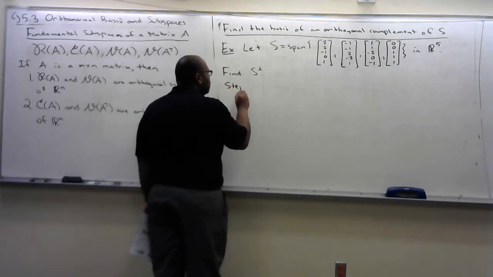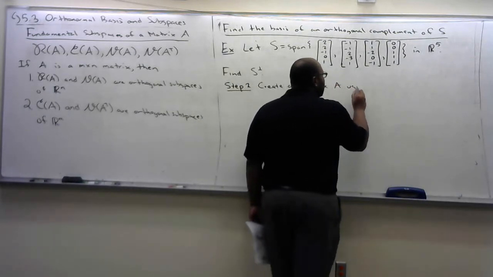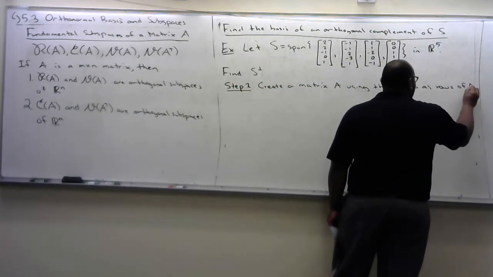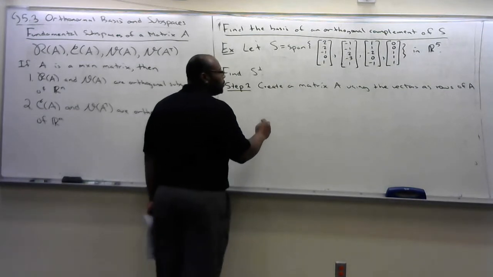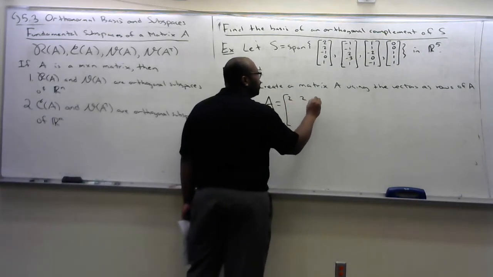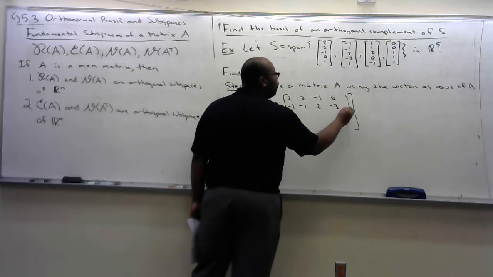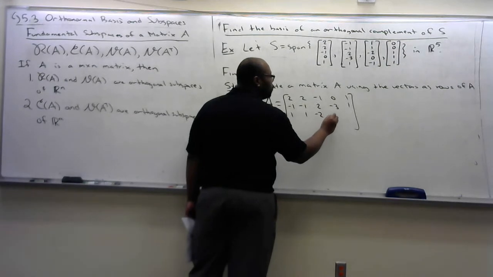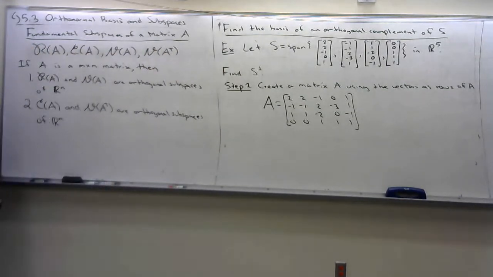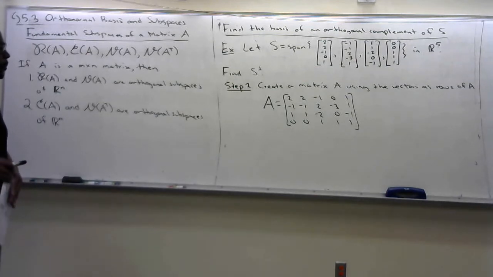So step 1, create a matrix A using the vectors as rows of A. So A equals 2, 2, -1, 0, 1; -1, -1, 2, -3, 1; 1, 1, -2, 0, -1; 0, 0, 1, 1, 1. This is my matrix A.